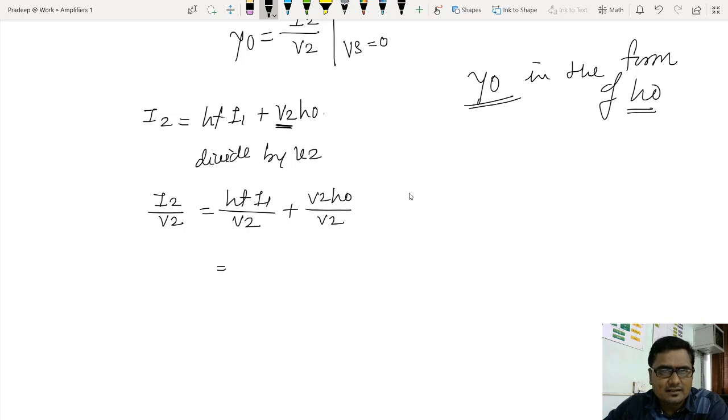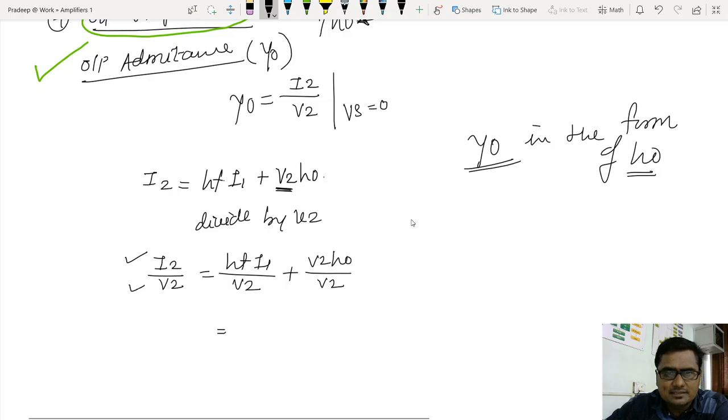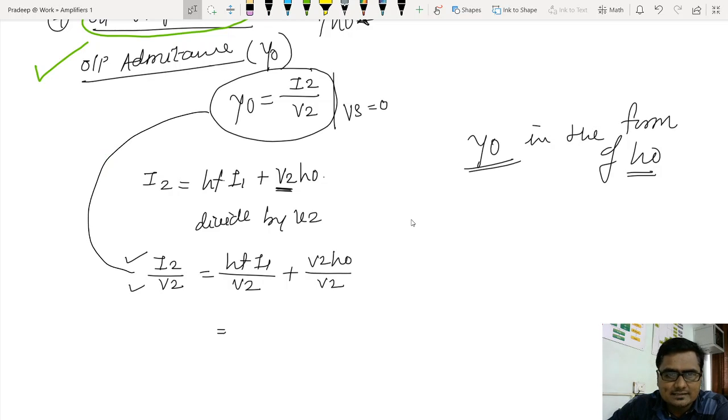Now see what I am getting: output current divided by output voltage. Am I talking about this? Yes, that's what I am talking about. It means I am getting YO. Now this V2, I can cancel them.